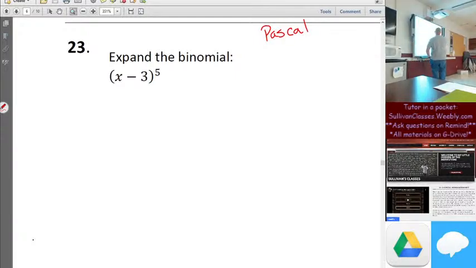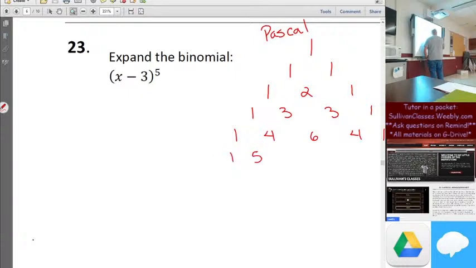Pascal's triangle is created by adding diagonal successive numbers. You always stick a 1 on the outside. You say 1 plus 1 is 2. 1 plus 2 is 3. 1 plus 3 is 4. 3 plus 3 is 6. 1 plus 4 is 5. Yes, there's your 1 and 5. 10, 10, 5, 1. Okay?